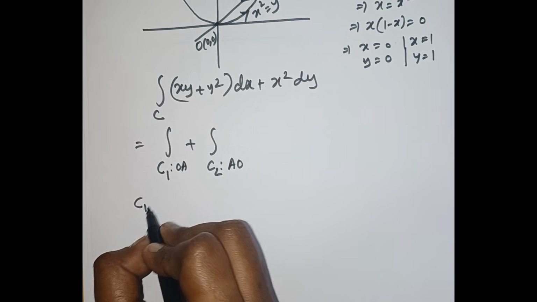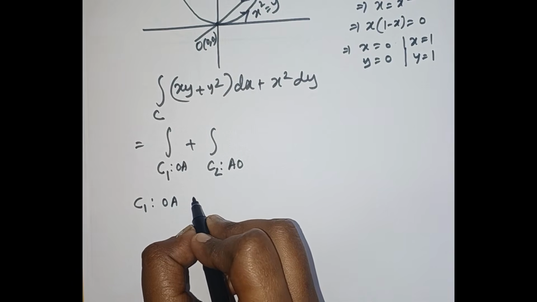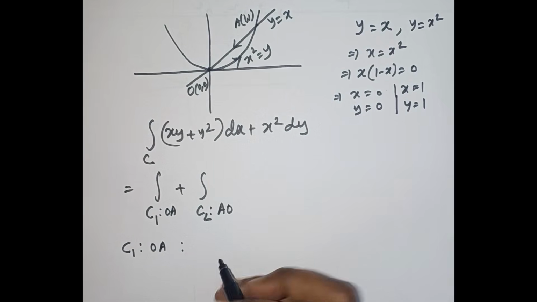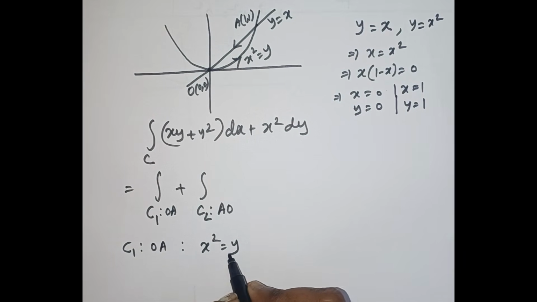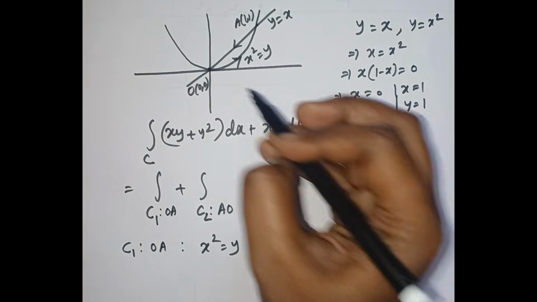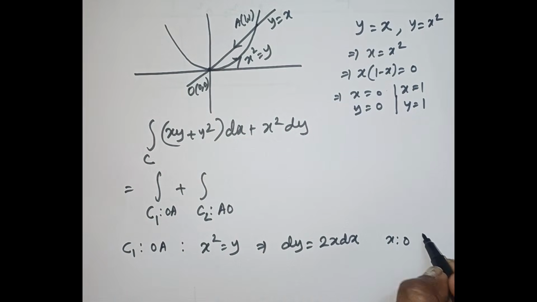So for C1, that is for O to A, the equation of the curve is y equal to x square, that is dy equal to 2x dx. And in this case, x goes from 0 to 1.